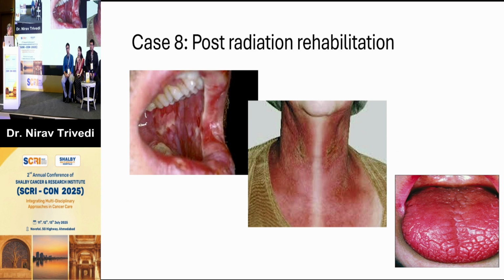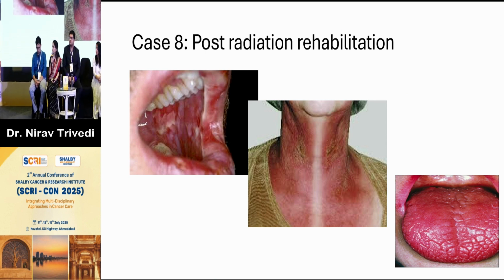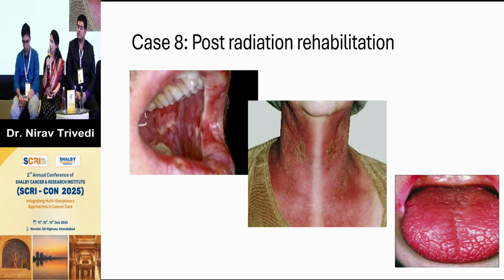And xerostomia is a late effect of radiation. It is said that it is better to prevent xerostomia rather than treat it later. So we see to it that we restrict the mean dose to each parotid to less than 26 gray. And in case of xerostomia later on, there are various ways to manage.